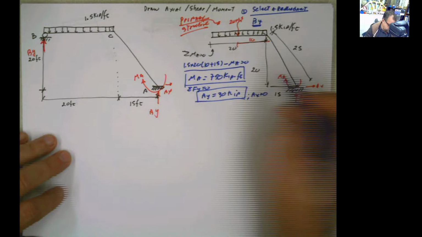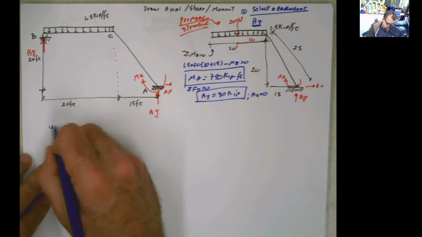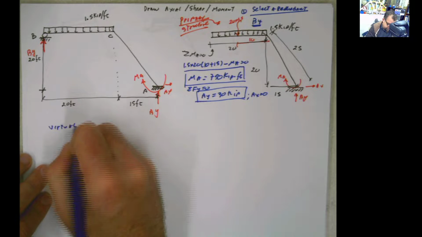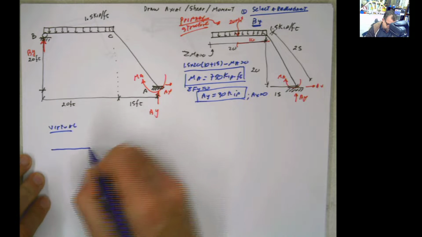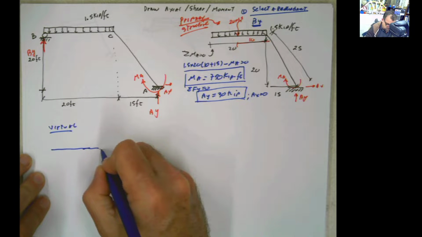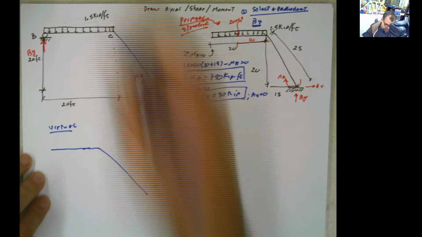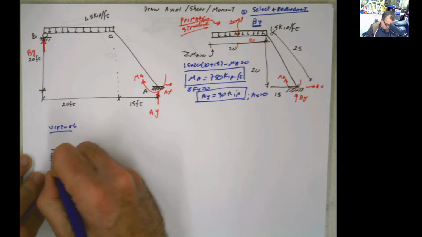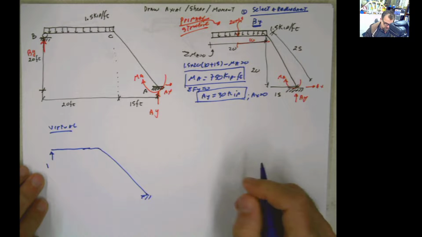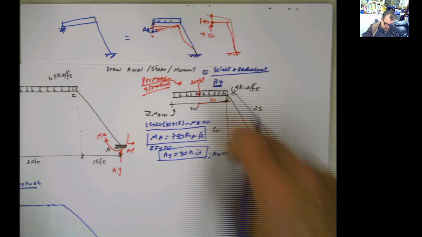So let's do that. Now I need the virtual structure here. Virtual structure is going to be exactly as the primary structure, but now is when I push it up with 1. This part corresponds to this part.